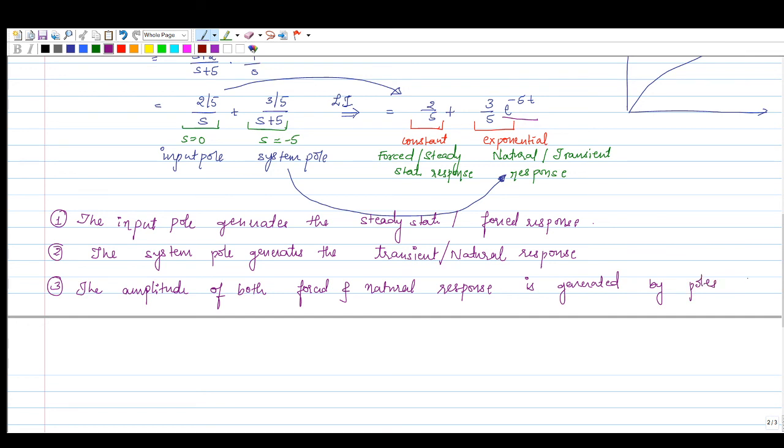You can't say it is completely dependent on zero. It is both poles and zeros of both the system as well as the input pole.